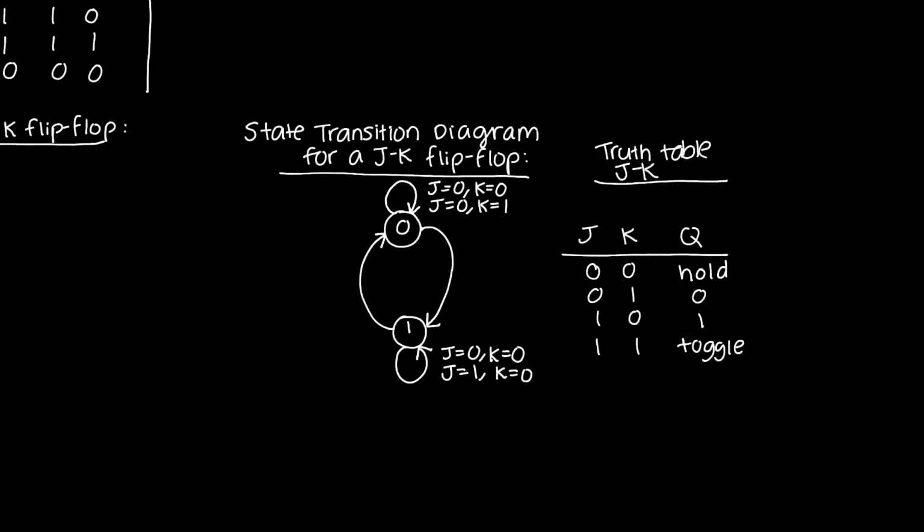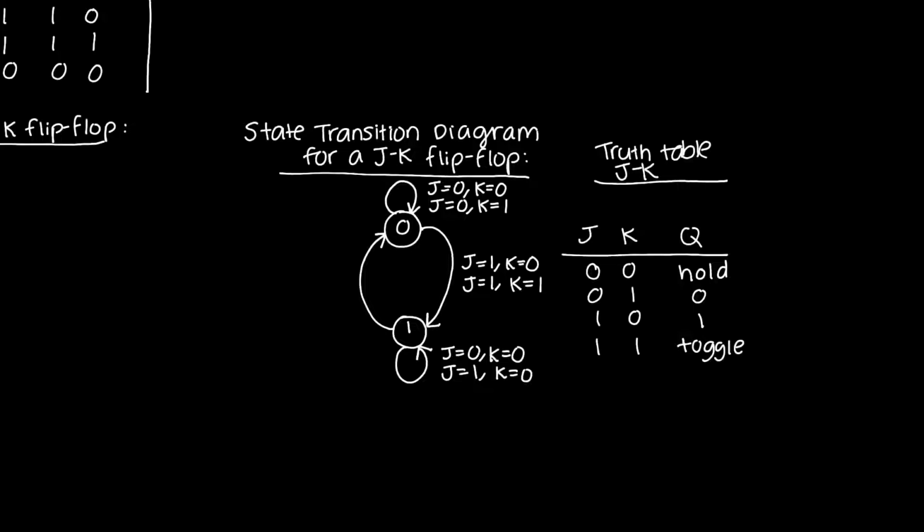So a 0 becomes a 1 in the toggle condition. So let's write that down. It could be in the set condition where J is equal to 1 and K is equal to 0, or it could be in the toggle condition where J is equal to 1 and K is equal to 1. And now I see that for this transition, it doesn't matter what the value of K is. K could be 0 or 1, but as long as J is 1, I will transition from a 0 to 1 at the next clock edge.